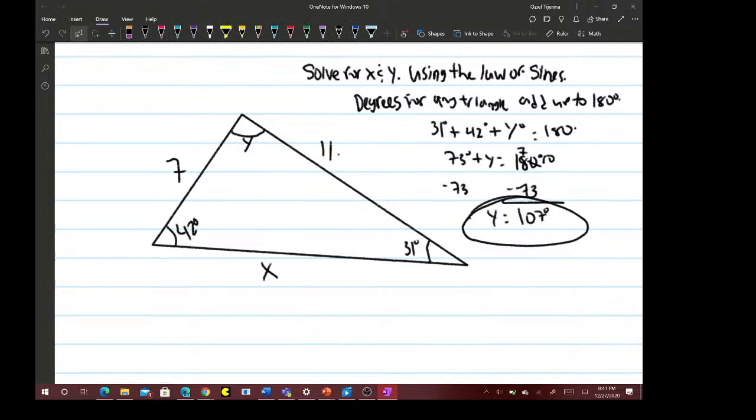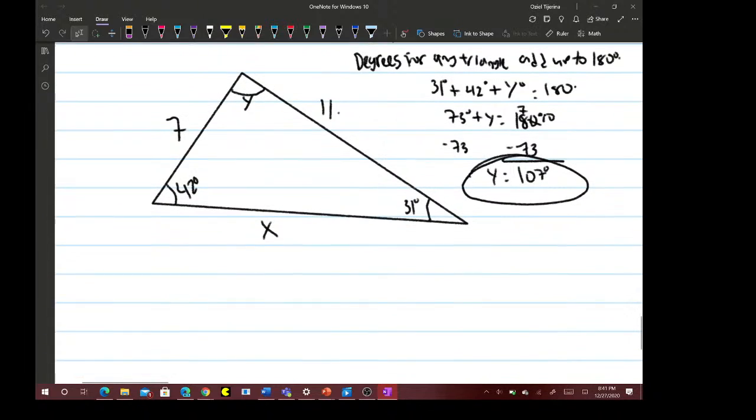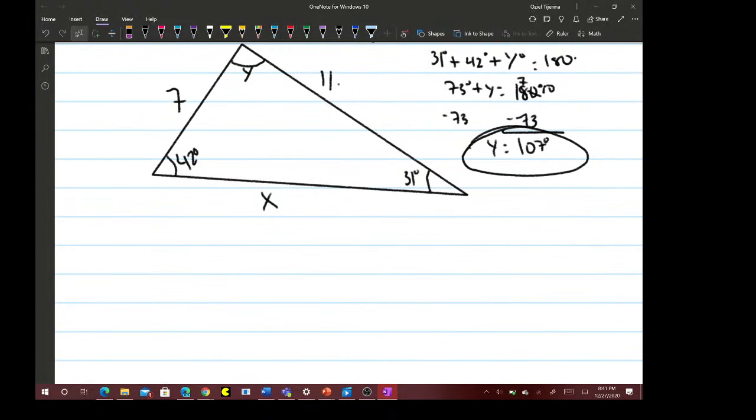And now we want to solve for our x by doing the law of sines. Now that we have our y, we can say that this is 107 degrees.